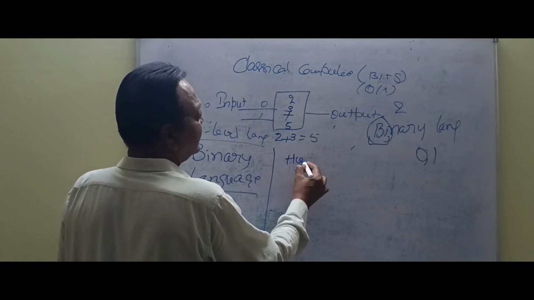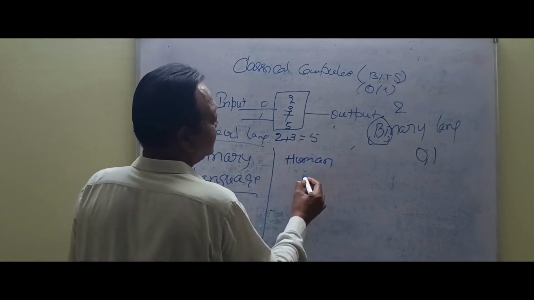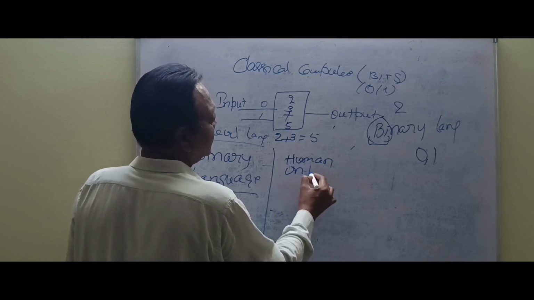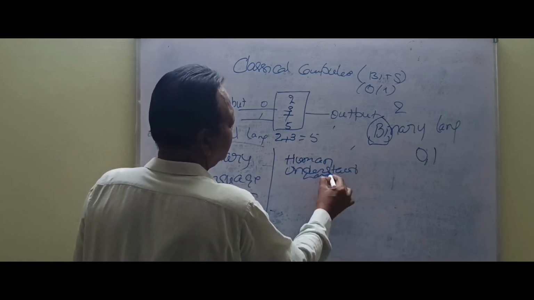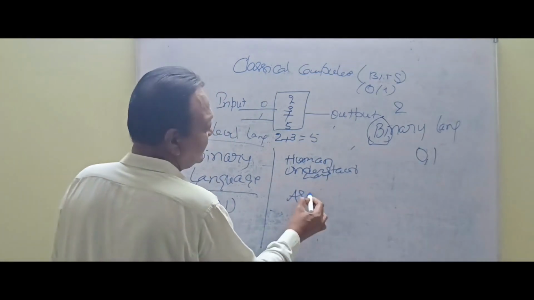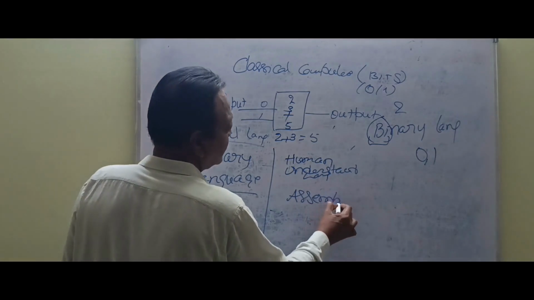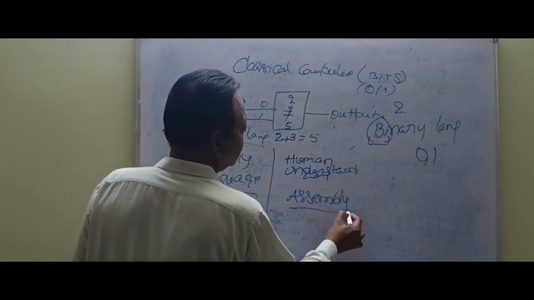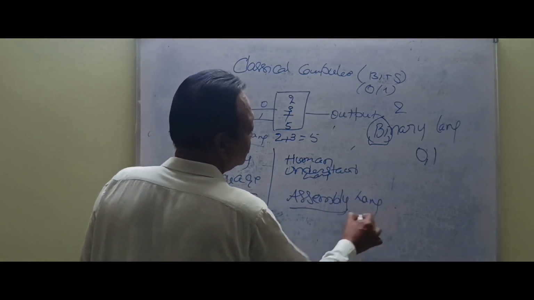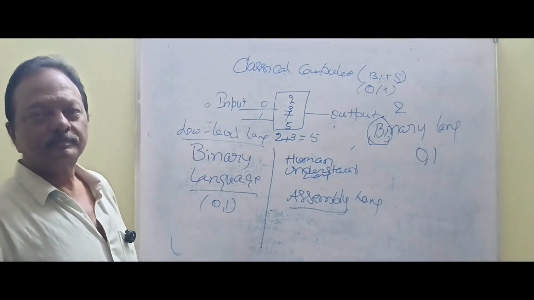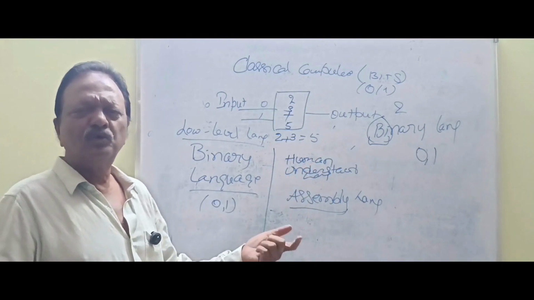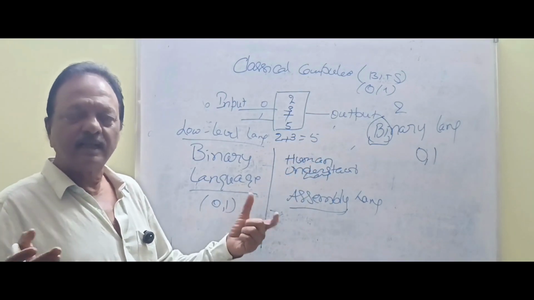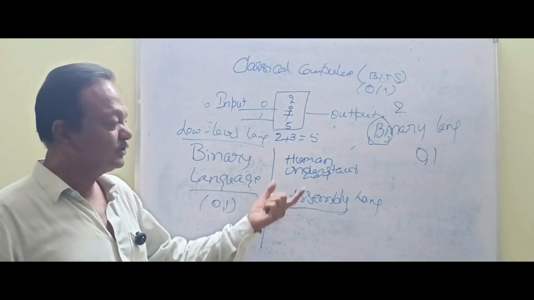human understandable language, that is assembly. Human understandable language means Telugu, English, but the best is an international language, so English only we are using.